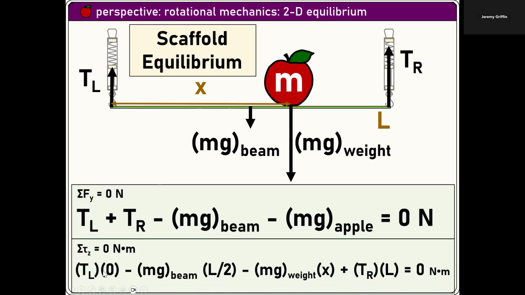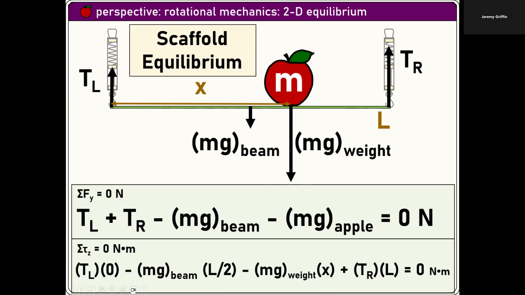It comes out the same thing. Okay, so there's zero torque caused by the left one about itself. Then the beam is at L/2 from the left, because the center of mass of the beam is at its geometric center if it's a uniform beam. Then this weight is at some distance x, which is labeled up here. And this right tension, this right spring scale, is all the way at distance L away from the pivot point on the left. Okay? Those all have to sum to 0, for 0 torque.